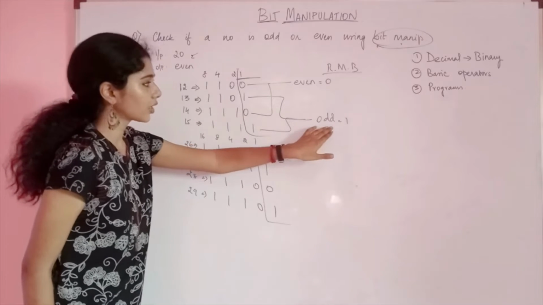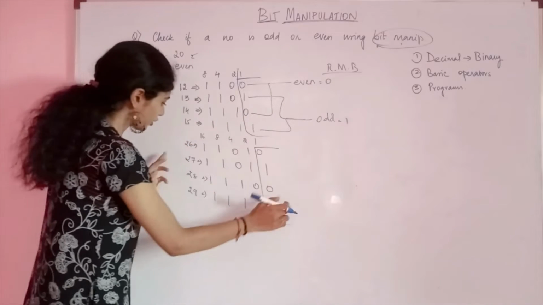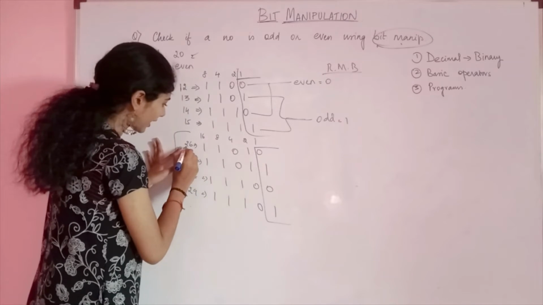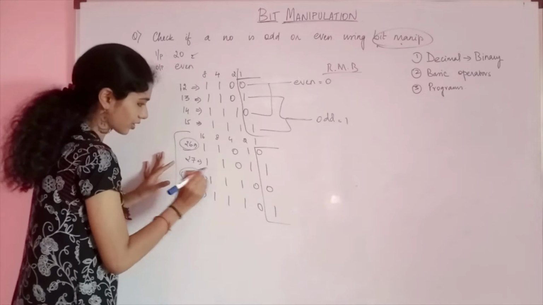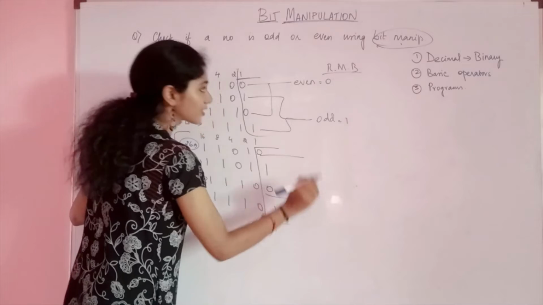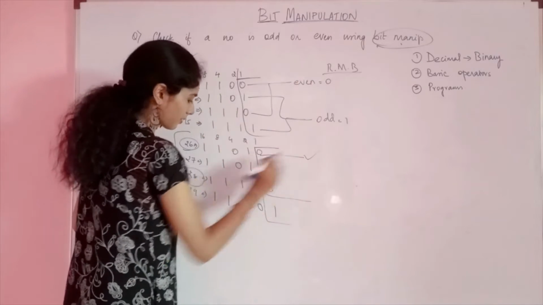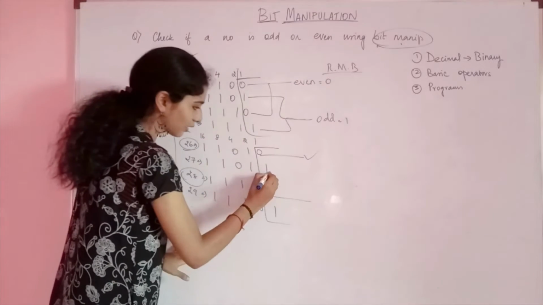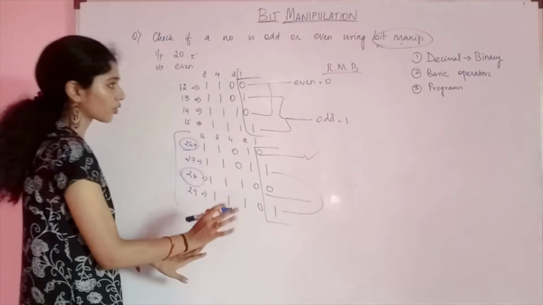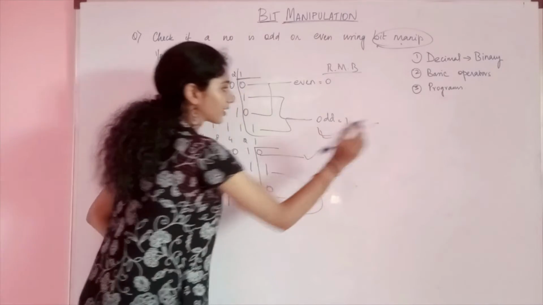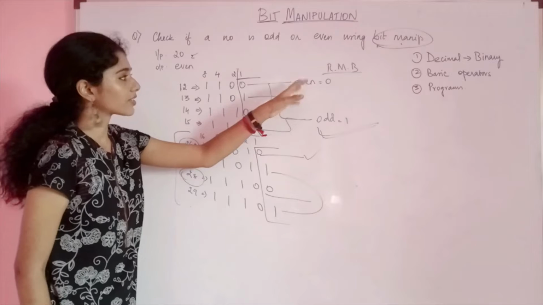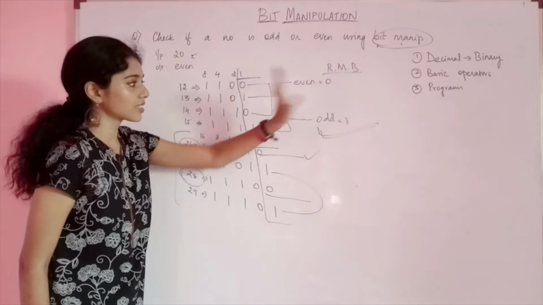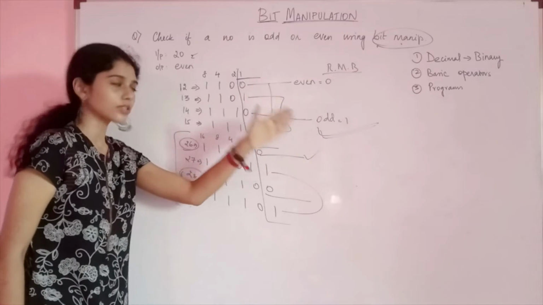Let's verify it: 26 is even, 28 is also even, and the rightmost bit is 0. Similarly 27 and 29, the rightmost bit is 1. So if it's even, the rightmost bit must be 0, and if it's odd, the rightmost bit is going to be 1.